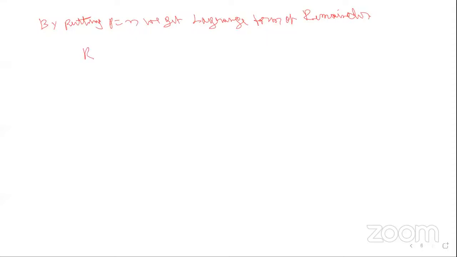So Rn equal to (b minus a) whole power n, f to the n of c, whole divided by n factorial.